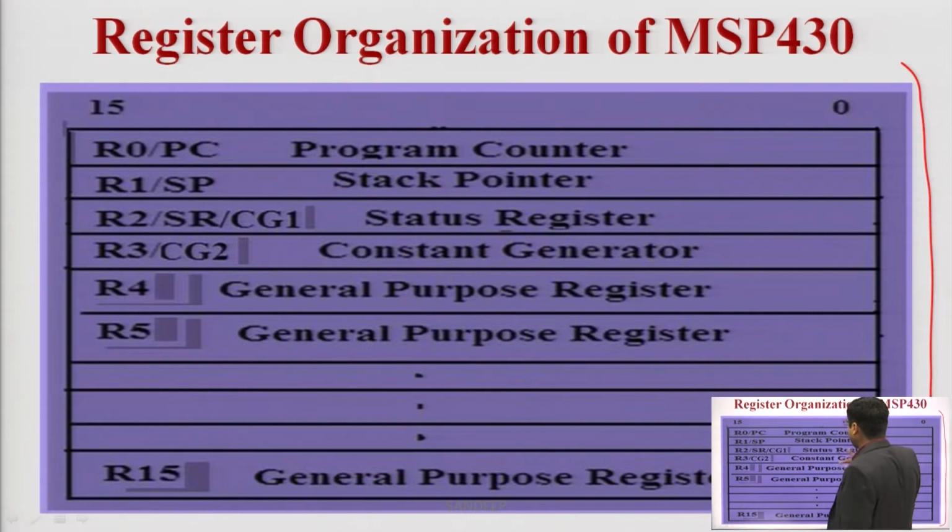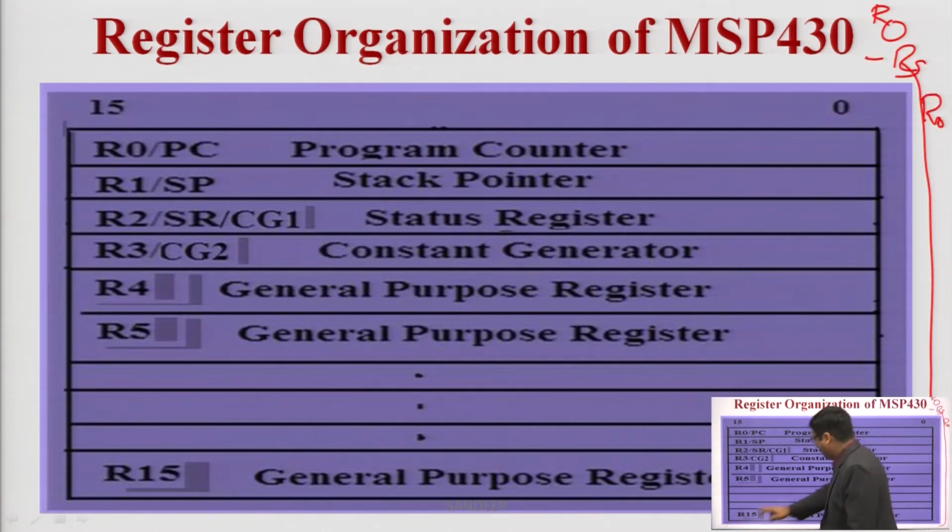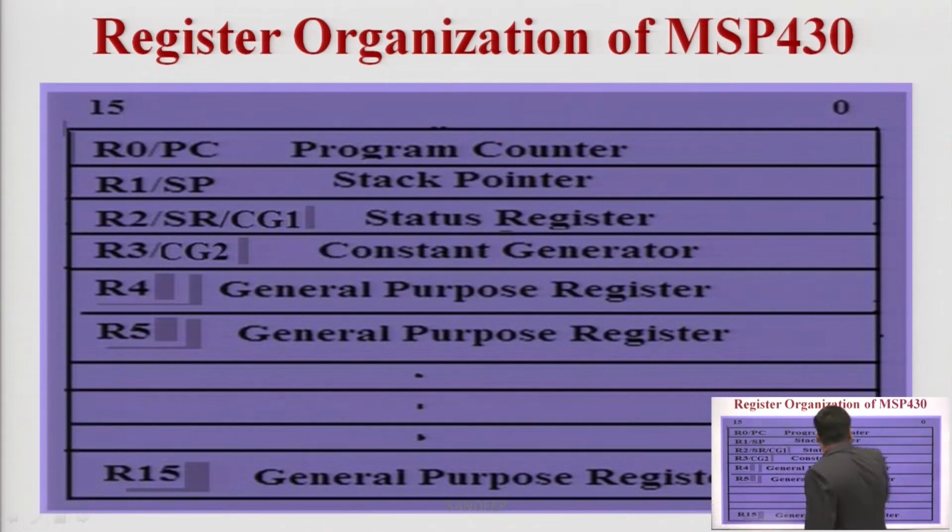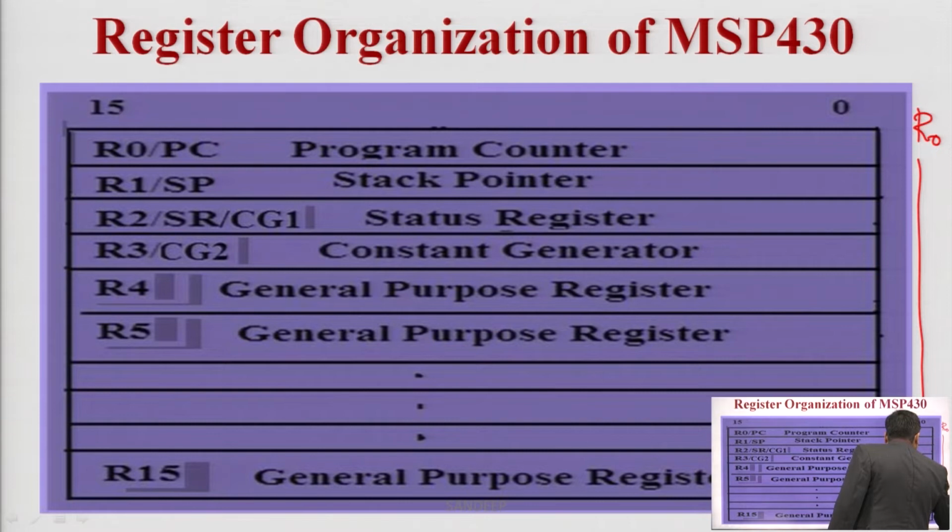You can see that there are 2 categories. The range is from R0 to R15. R0, R1, R2 and R3 have a dedicated set of functions.